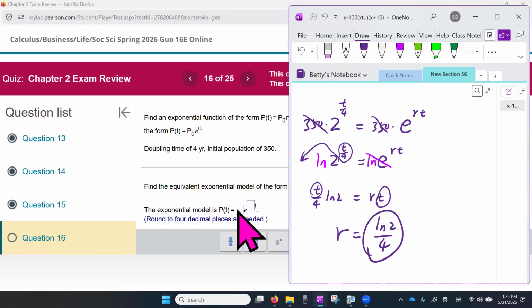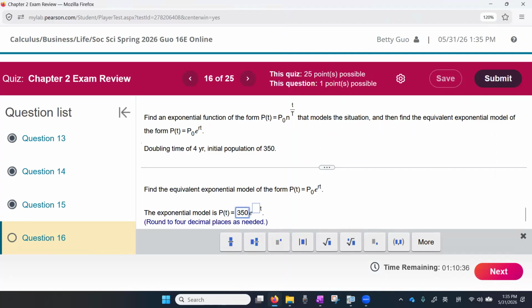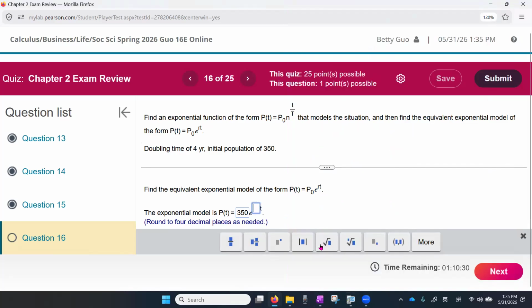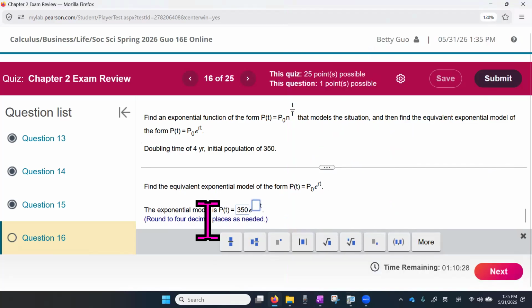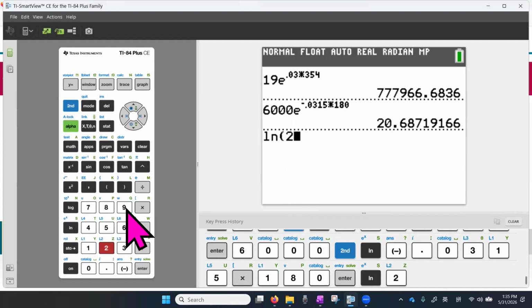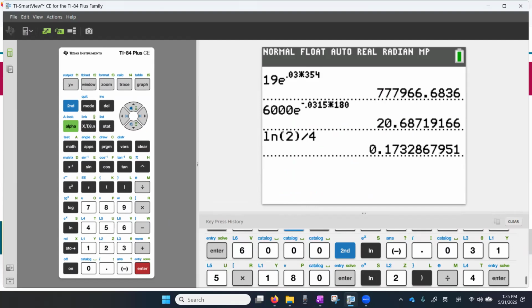Initial population is still 350. That doesn't change. R here is ln 2 over 4, to 4 decimal places. Point 1733.